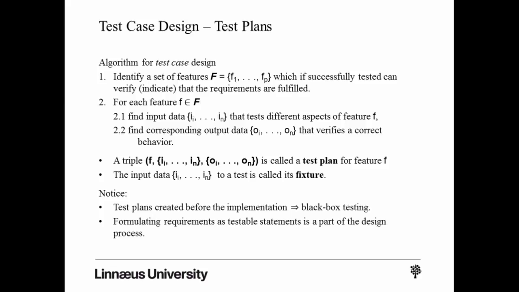So for each feature you identify the input and the output, and together, the feature, the input and the output are called a test plan for a feature. We also have the terminology fixture, and the fixture basically indicates the input data. So the input data you can also call a test fixture.